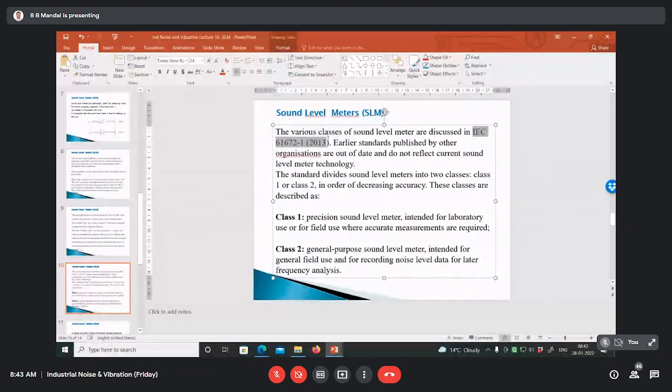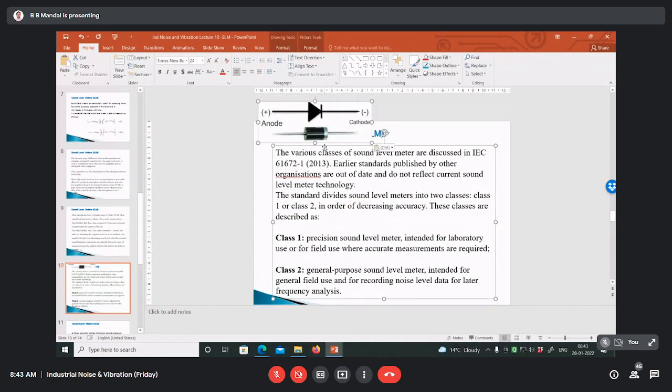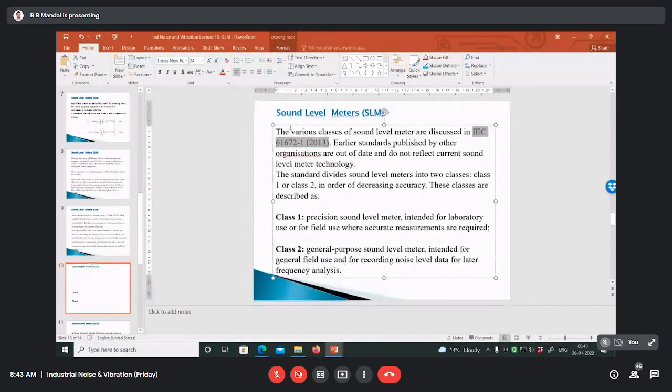There should be a proper title. International Electrotechnical Commission, that is fine. What is 61672 doing? It is electroacoustics, sound level meters.